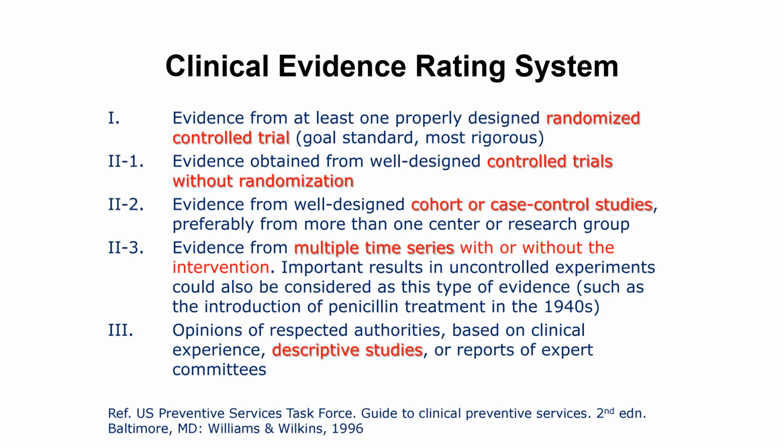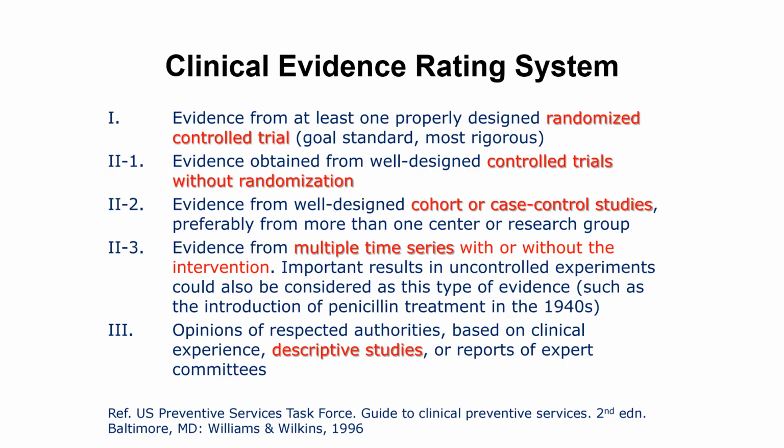According to the U.S. Preventive Services Task Force, the clinical evidence rating system is divided into mainly three levels of evidence, and level 2 is also divided into three levels. Level 1 evidence is the randomized controlled trial, which is the gold standard and the most rigorous.